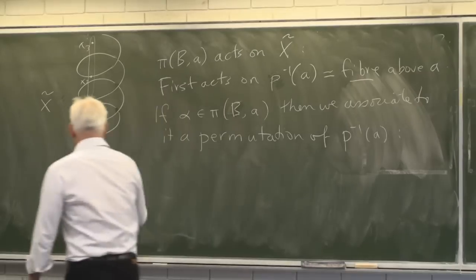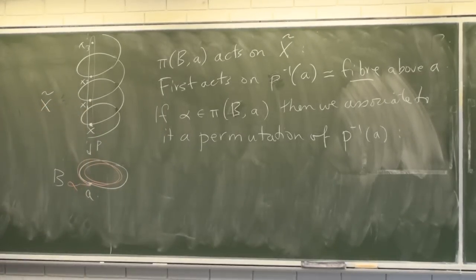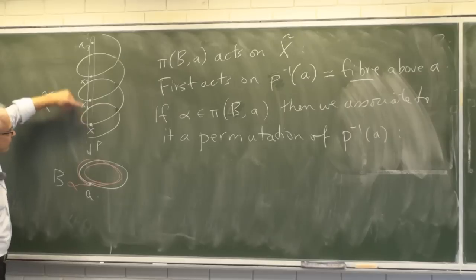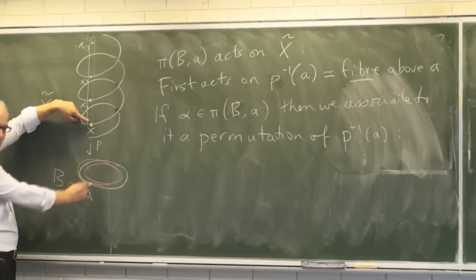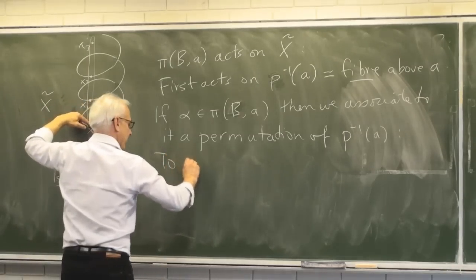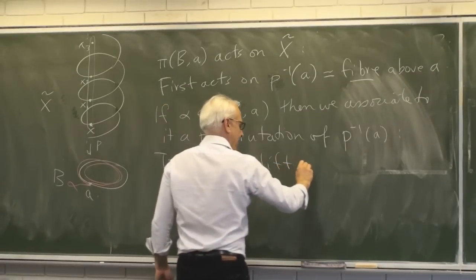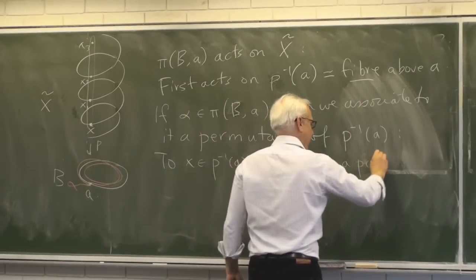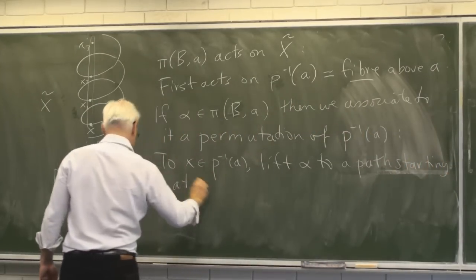So let's choose our loop to be, let's say, the one that goes around twice. There's an element in the fundamental group of the base. So what we're going to do is take any point in the fiber, let's say X, and we're going to lift the path alpha to a path starting at X.